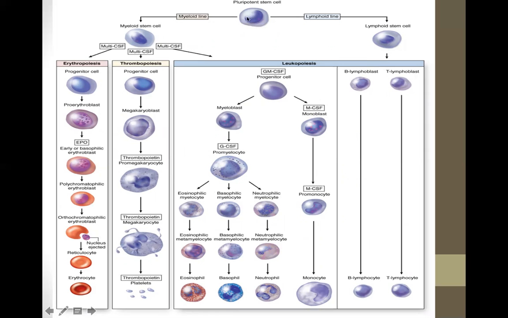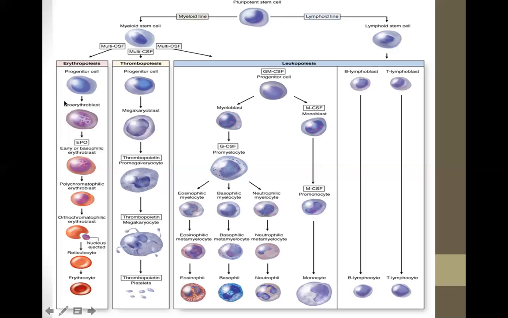Okay? Look, this is the hemocytoblast. The myeloid line will have the myeloid stem cell. This is the multipotential colony-stimulating factor, multi-CSF. This is the erythropoiesis. Ang turnout nito, the product of erythropoiesis is the erythrocyte.